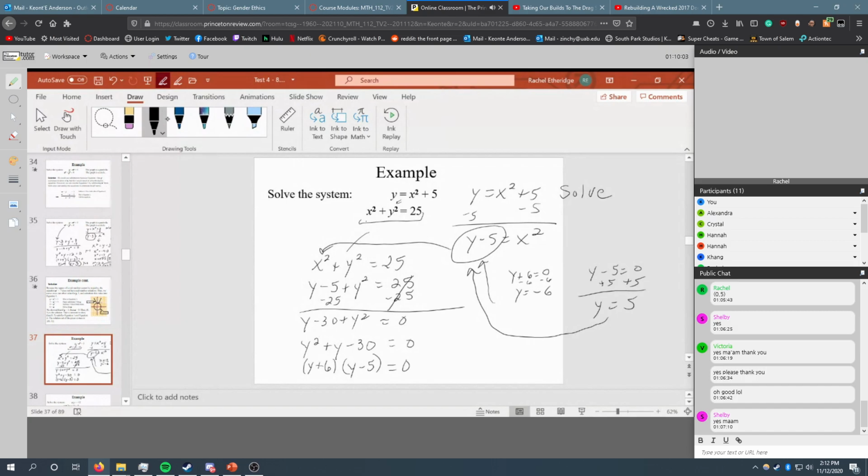But if you take a negative 6, you're going to get a negative 11. So when you take the square root, you're going to get imaginary. So this one's going to give you an imaginary solution. And we don't want an imaginary solution, so we just throw that one out and we use this one. When you plug in y equals 5, you're going to get x equals 0. So that's going to be your solution.